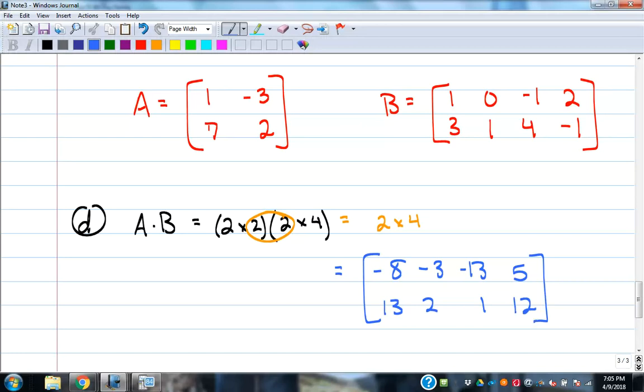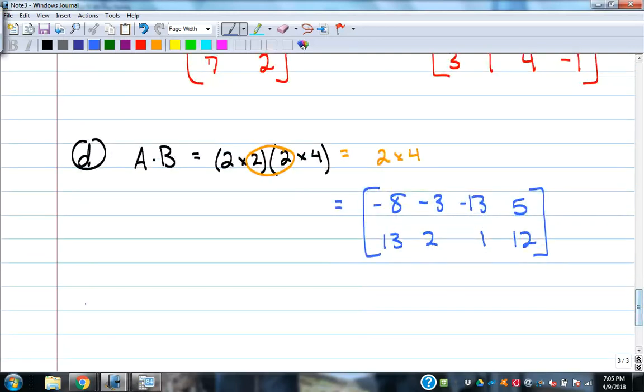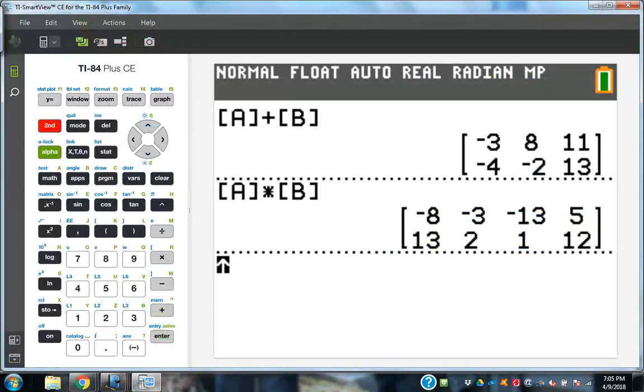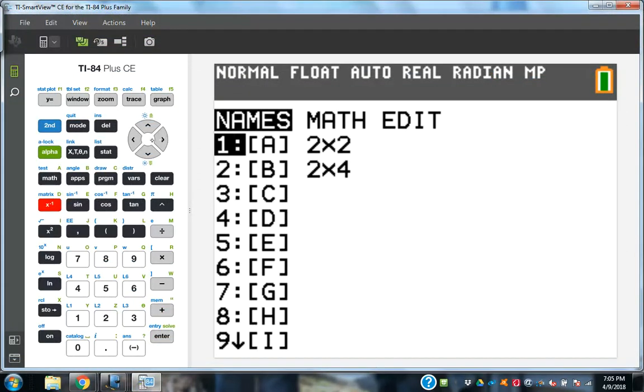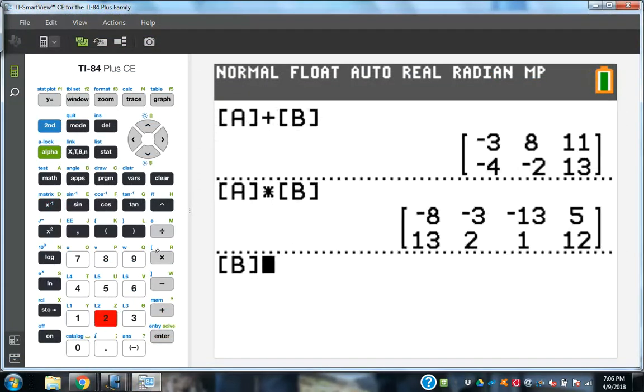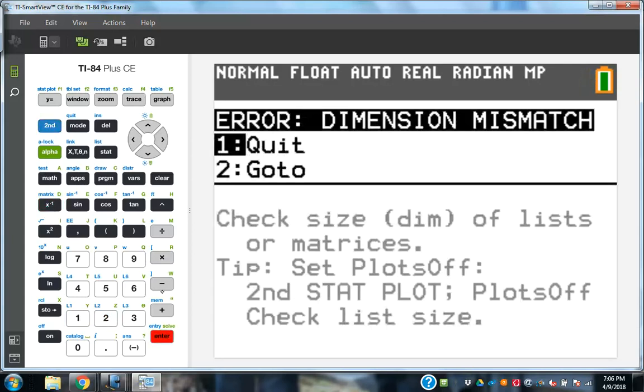All right. What's B times A? If I try to multiply those together, it gives me this error, dimension mismatch.